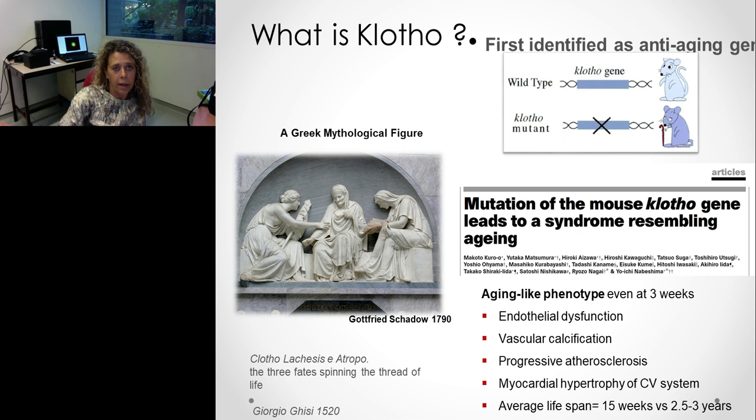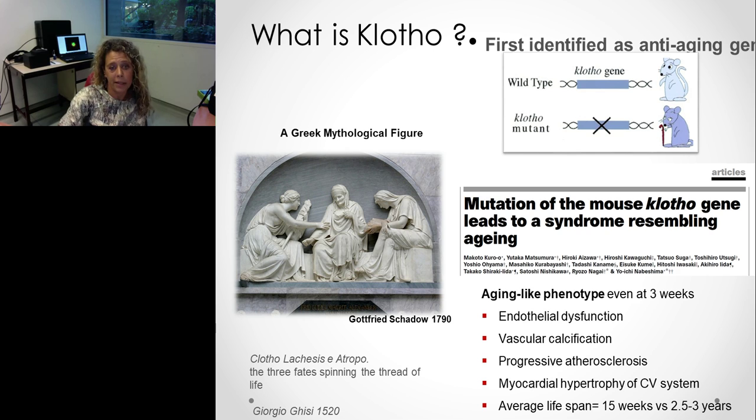So when we administered urinary vesicles, we found out that Klotho, which was lost after the damage, was regained in the kidney treated with urinary vesicles. The same was obtained at messenger RNA level and at protein level.